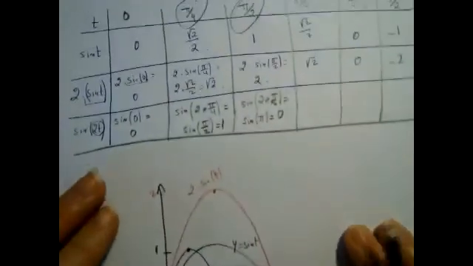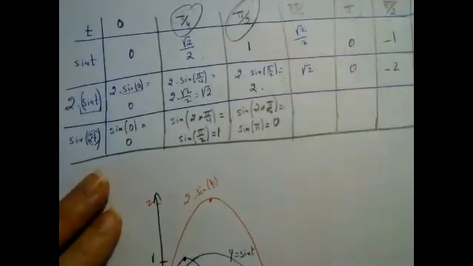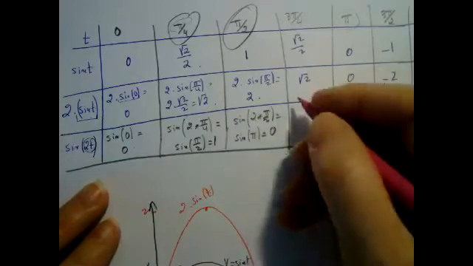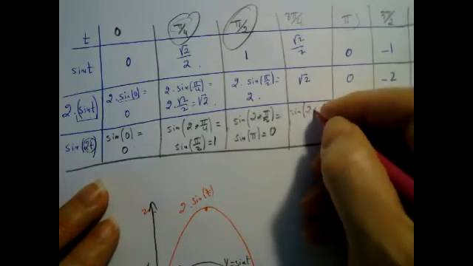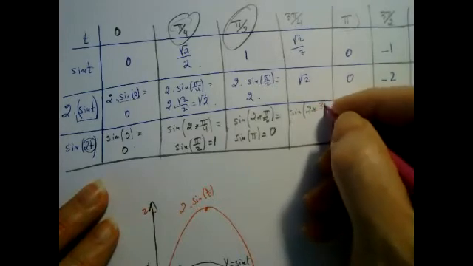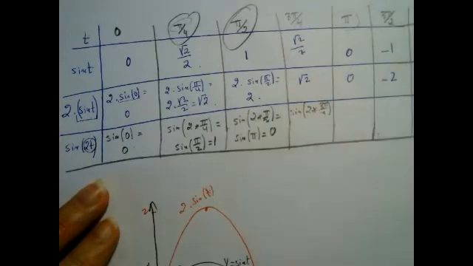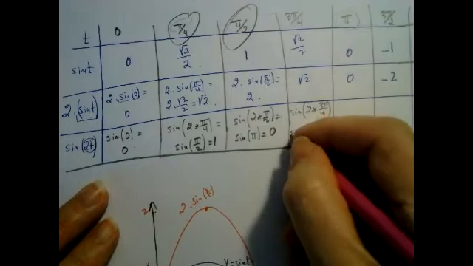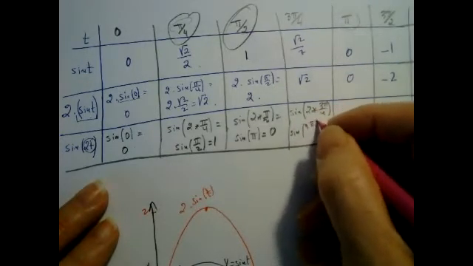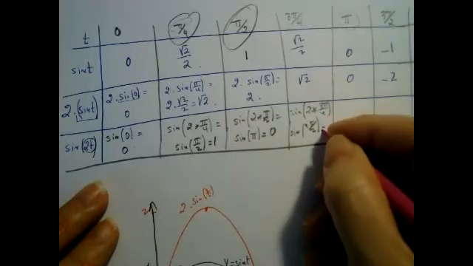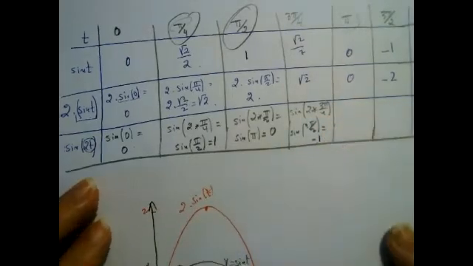Then what does this do? At 3 pi over 4, its value is the value of the sine at 2 times 3 pi over 4. Because you're multiplying by 2, it means the sine at 3 pi over 2, which is minus 1.